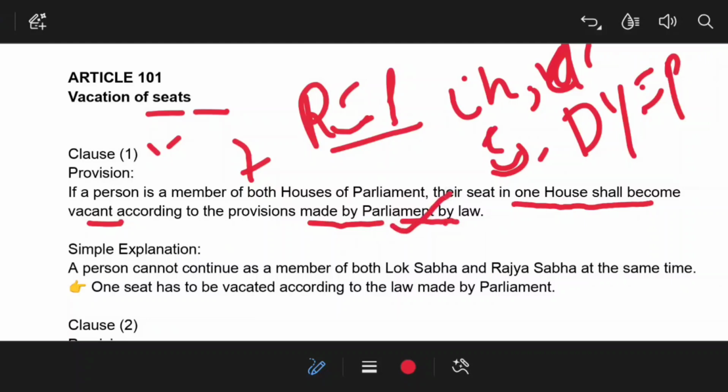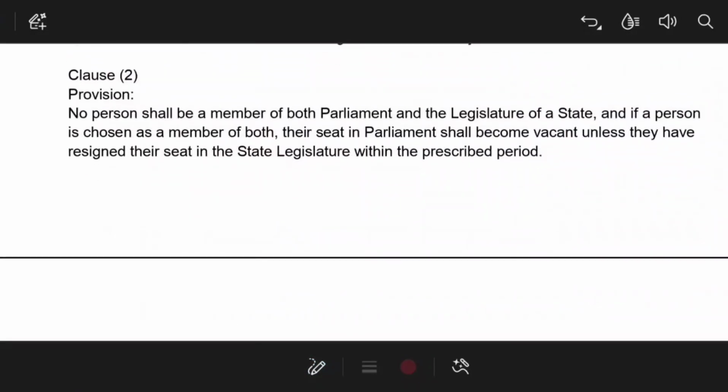So Parliament has the authority to draft the laws. Okay, so a person can't continue as a member of both Lok Sabha and Rajya Sabha at the same time. He or she has to vacate the seat in either house of the Parliament. Clear? And that law will be made by the Parliament. Clear? So that was clause 1.